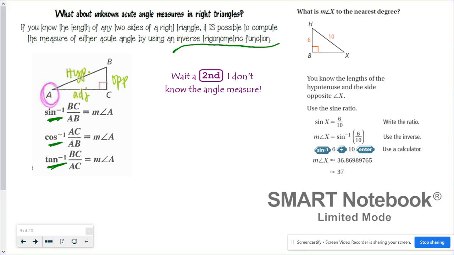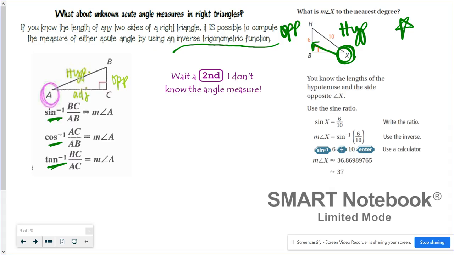But you do need to ask yourself, what do I know? Right? So in this example over here, it says find the measure of angle x to the nearest degree. And so angle x is the angle that I'm working with. So I'm like, what do I know? Well, I know the side opposite angle x, and I know the hypotenuse.